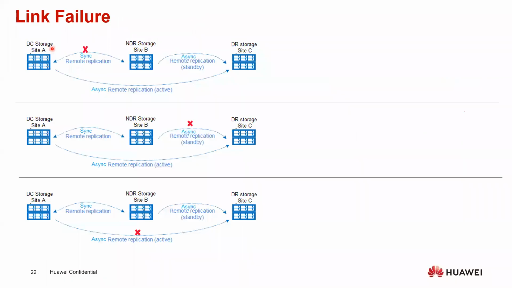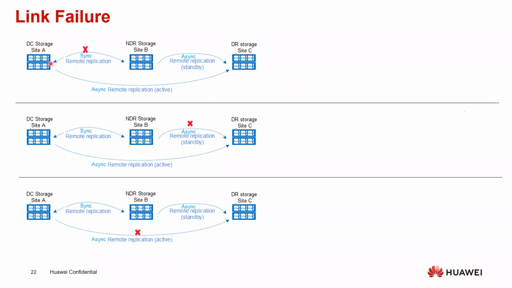Okay, so let's see here. If any link, meaning the link between A and B fails, or the B and C link fails, or the A and C link fails, what will happen to the real business environment? Considering that this is a sync replication, data on site A and site B are synchronized, they are the same data, so the link failure will not lose any data and will not impact the business.